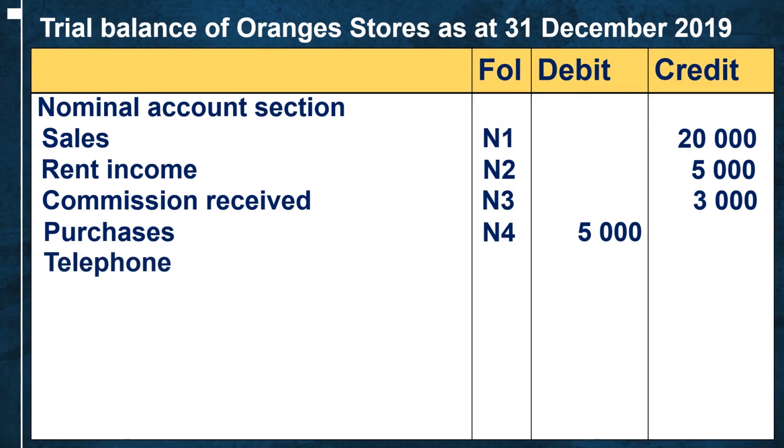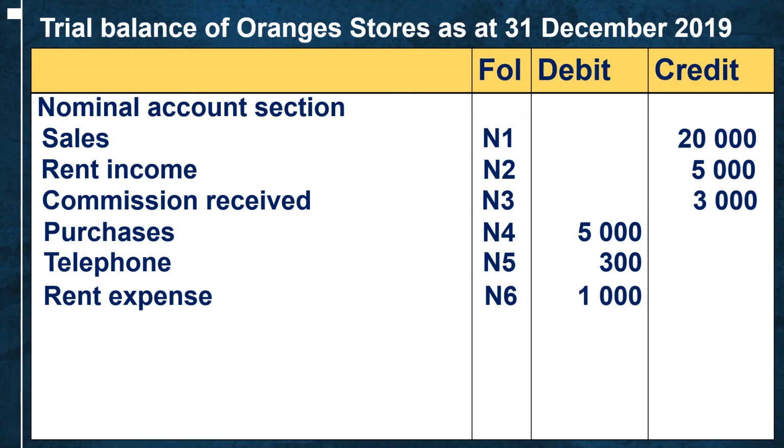We then move on to telephone, where we write telephone in the first column, and in the folio column we write N5 and we record the amount of 300 Namibian dollars in the debit column because telephone increases on the debit side. We move on to rent expense, where we write rent expense in the first column, and in the folio column, we write N6 and record the amount of 1,000 Namibian dollars in the debit column because rent expense increases on the debit side.